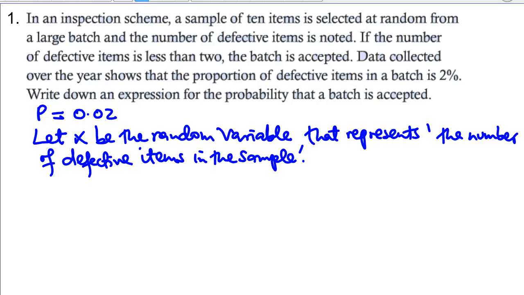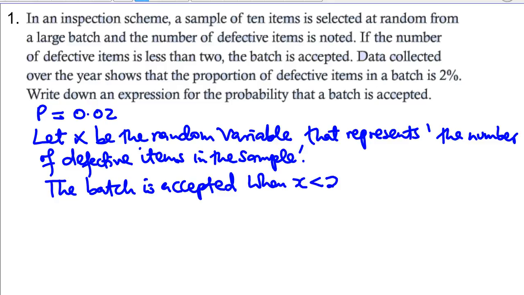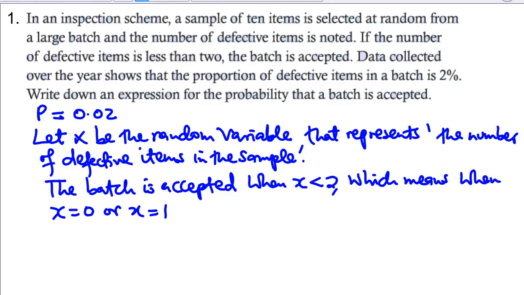And from the information in this question, the batch is accepted when x is less than 2, which means when x is equal to 0 or x is equal to 1.